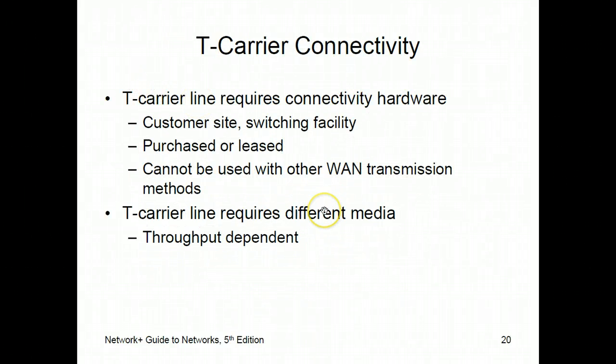There you go. All right, so you have a T-line carrier connection, needs hardware, as we mentioned before the internet broke on me. You have your customer site, it can be purchased or leased, and a T-line carrier requires a different medium to travel upon. Generally that media, by the way, is fiber on a T-line carrier line.